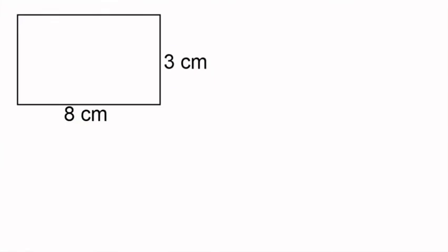Alright guys, so let's try and work through another example, but this time we're using a rectangle. So the first thing that we need to do is distinguish between the length and the width. Generally for the rectangle, the longer side is the length, so we know that our length is equal to 8 centimeters, and the shorter side is the width, so our width is 3 centimeters. Then we can write down our formula.